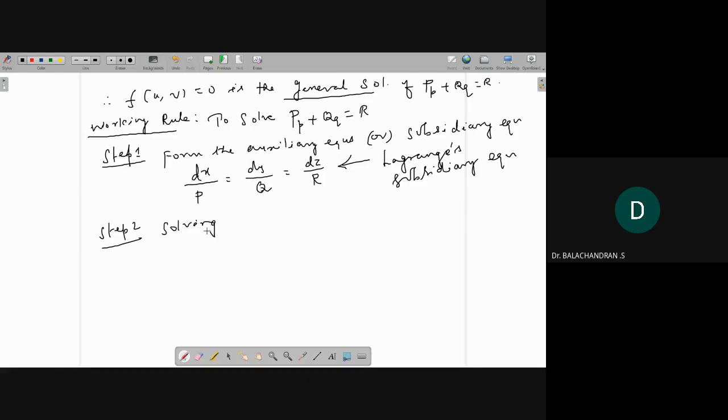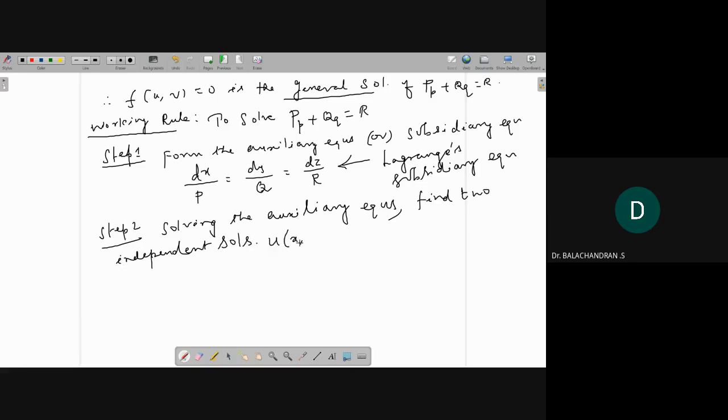Solving the above auxiliary equation, find two independent solutions. Independent means one solution is not derived from the other. Two independent solutions.